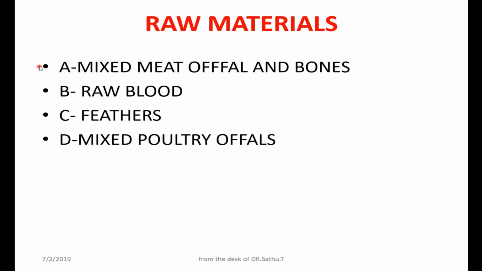So for easy explanation, in the coming slides, I have put as A, B, C, and D. I have designated mixed meat offals and bone as A, raw blood as B, feathers as C, and mixed poultry offals as D. Apart from this, even the hatchery waste, the dead chicks, you can render, the egg waste you can render, fish waste you can render, even the droppings of the poultry farms can be rendered, so it will be more sterilized.